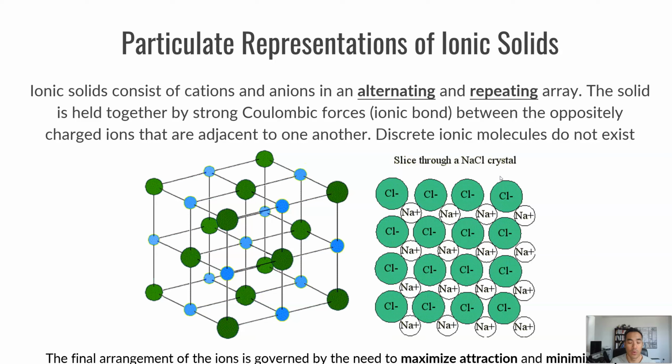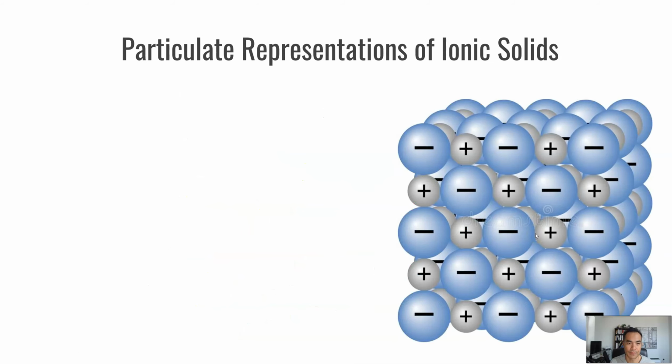In order to have them attract, they need to maximize attraction and minimize repulsion, because like charges will repel. However, with sodium, you have an attraction between Na plus and Cl minus.